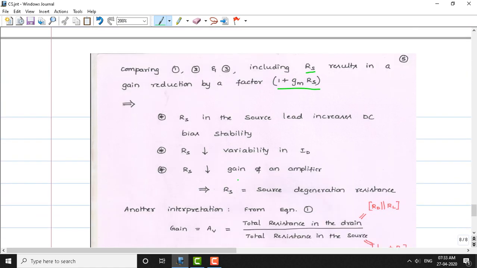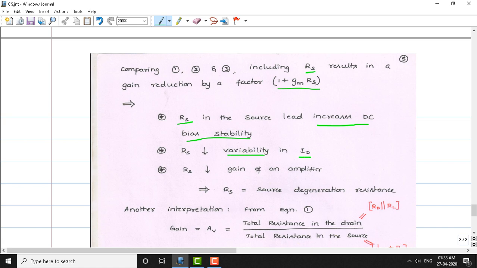So to summarize, the Rs in the source leads to an increase in the DC bias stability. That means any variation in drain current will be minimized by having the Rs attached to the source terminal of the transistor. That's what we have said in the next point here: Rs decreases variability in drain current.